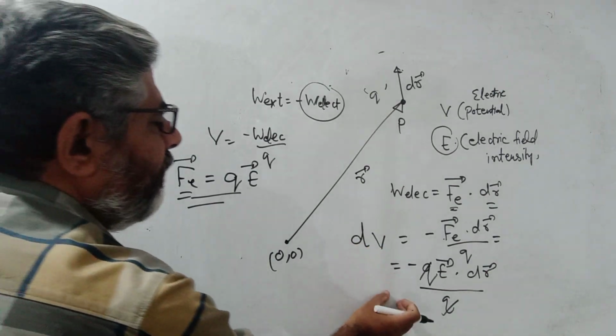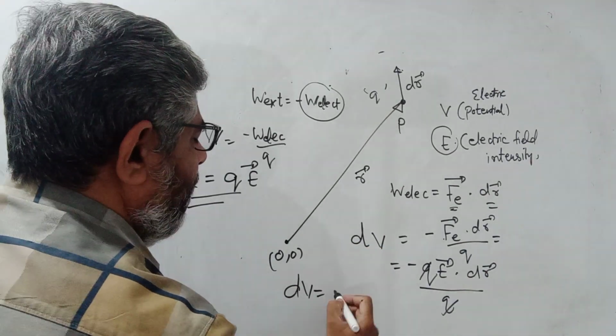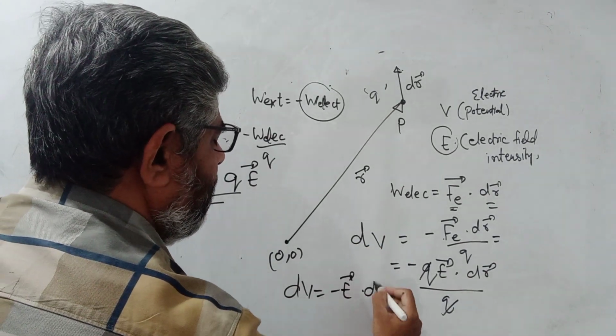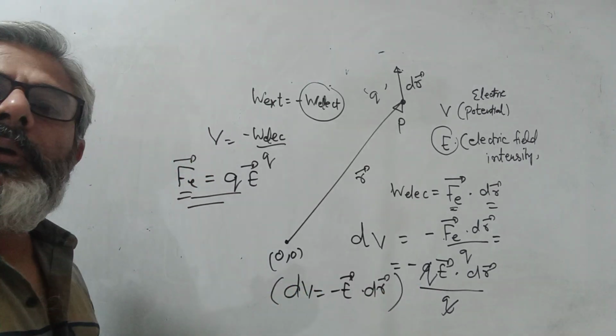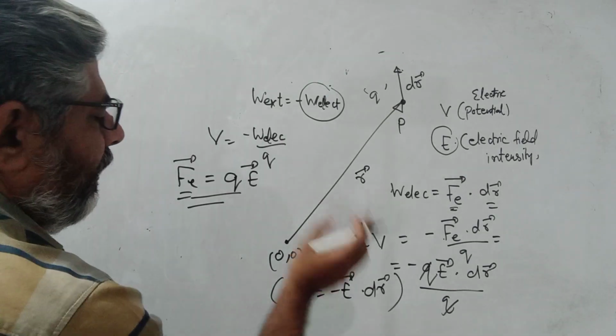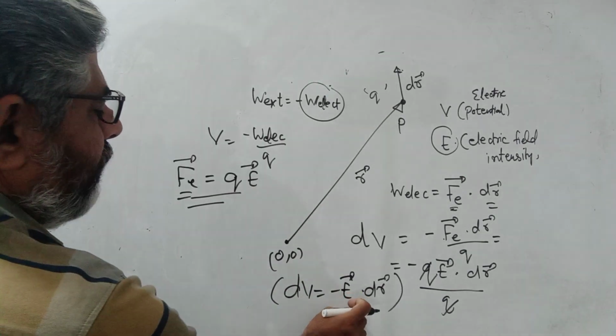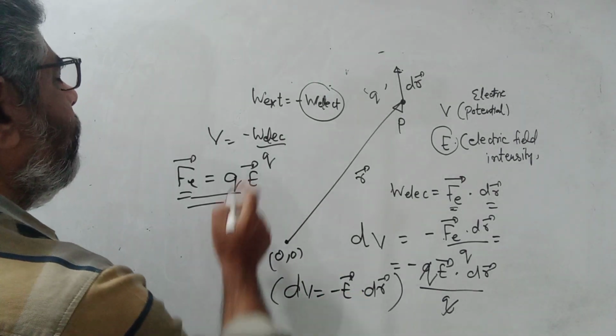So dV equals minus E dot dr, and that is the relation between electric potential and electric field intensity. So be careful about this.